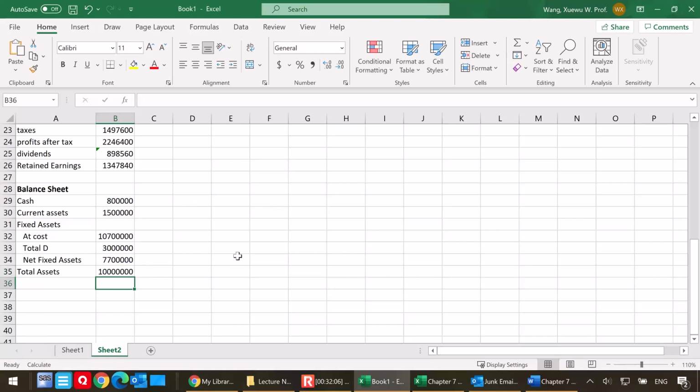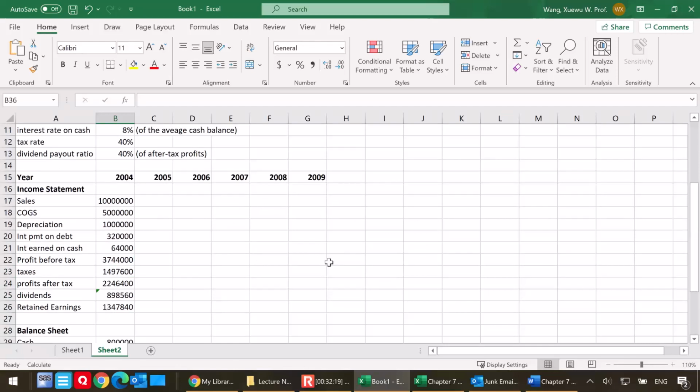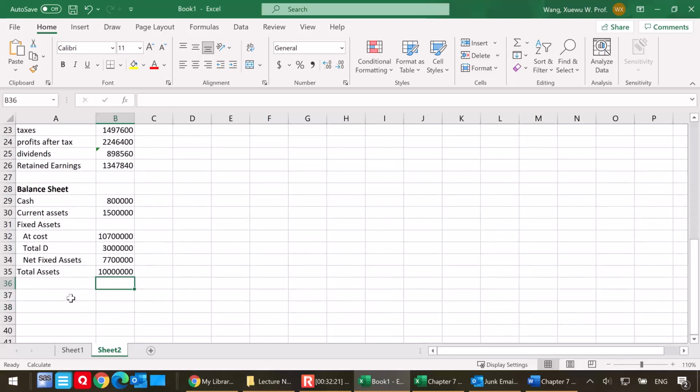All right, so if you look at the original balance sheet, you have the total liability and shareholders' equity on the right side. But here, I already have those years for the future. So I would stack them. I would consider the total liability and shareholders' equity below, not on the right.